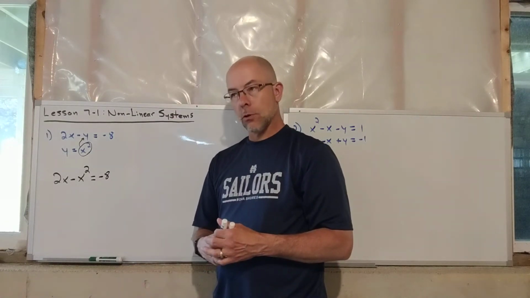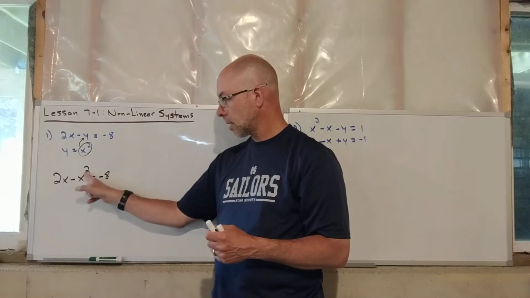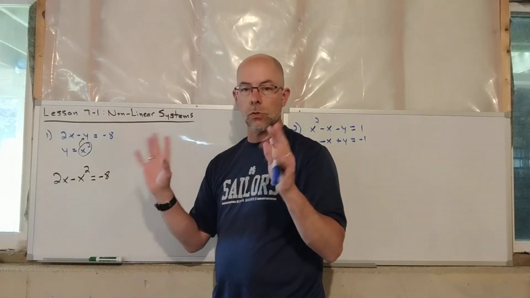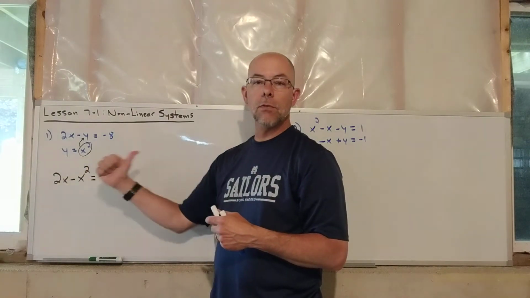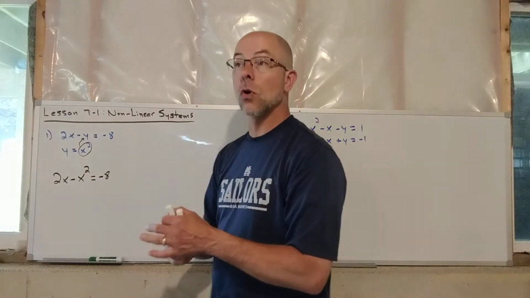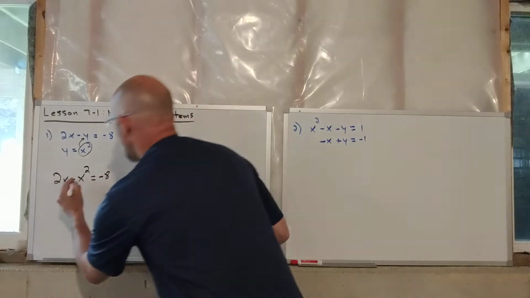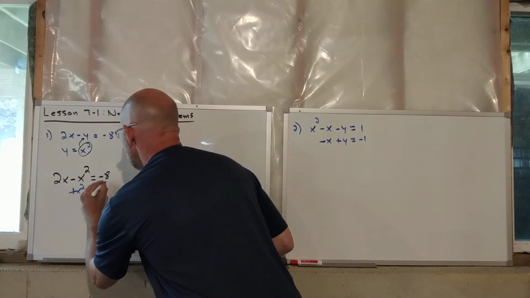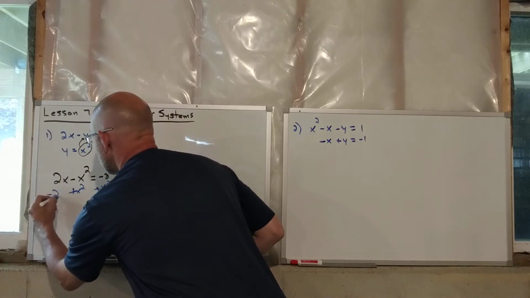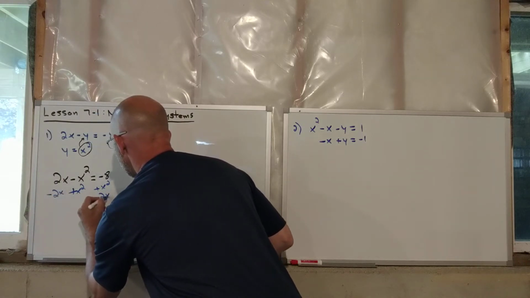When I'm doing factoring, the x squared thing, that's kind of supposed to be our lead. I want it positive, which means because it's minus right now, I'm moving everything to this side of the equation. So I will add x squared to each side and subtract 2x from each side.